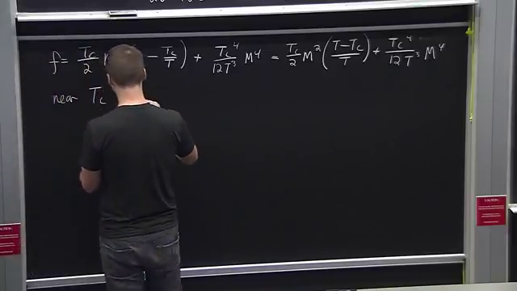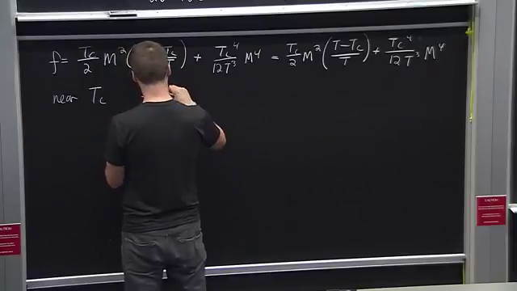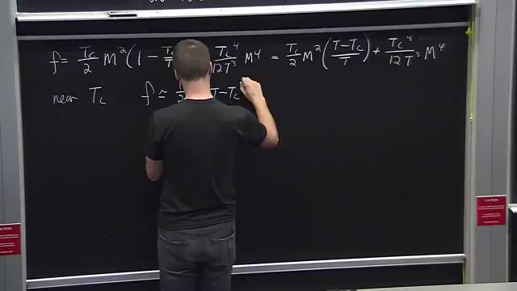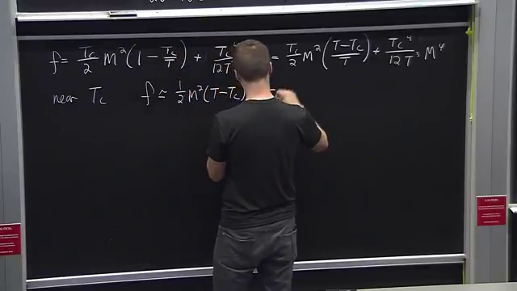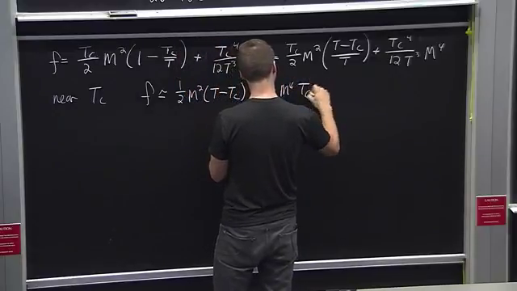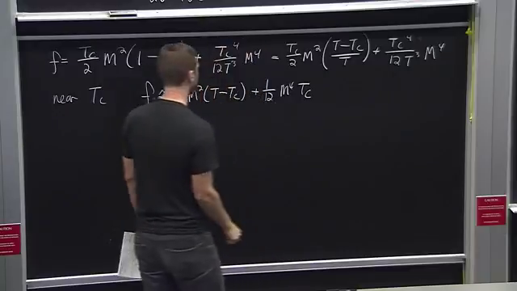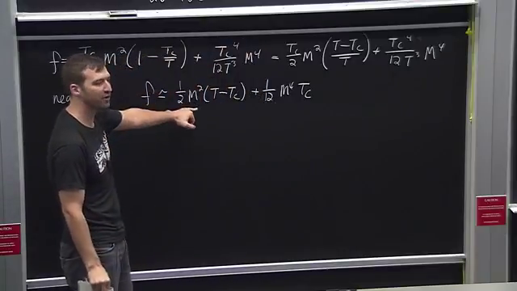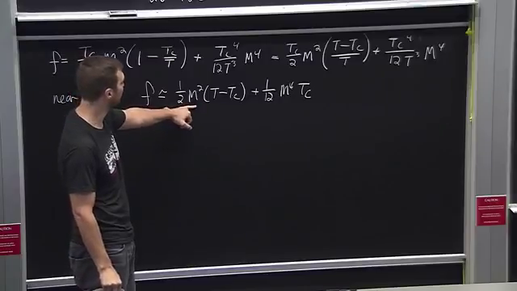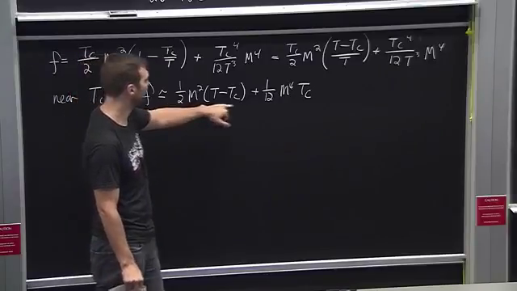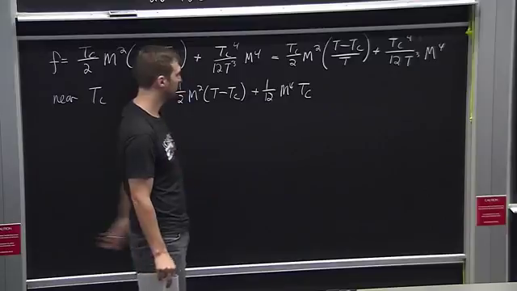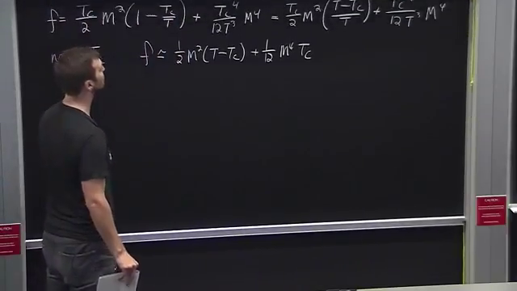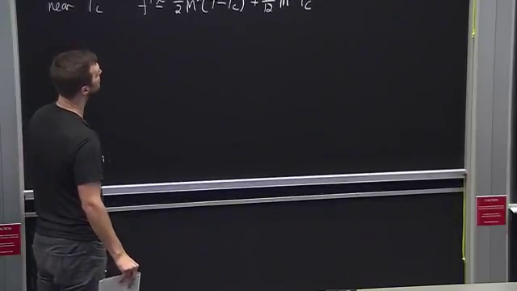So let's simplify things. Now I have free energy written in terms of magnetization, which is my variable, m squared, m fourth. You'll see that many times in this class.